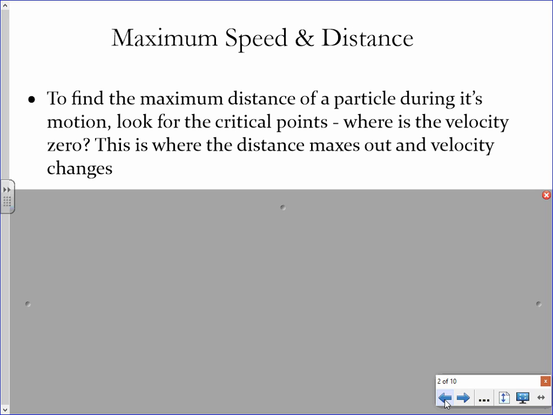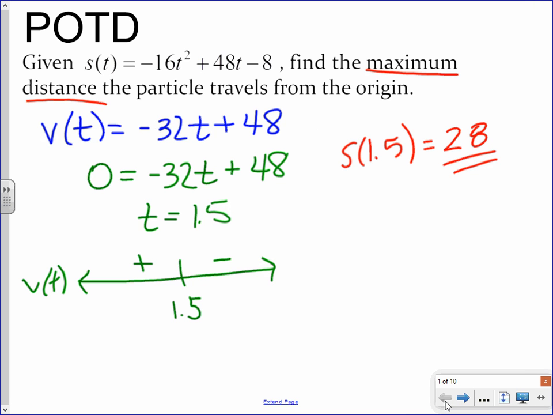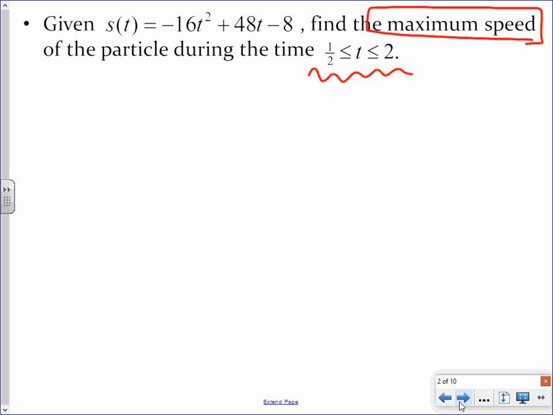Okay, so first of all, maximum distance, you consider the position function. Even though it said distance, you considered the position, and then you found its derivative. So if I'm asking for maximum speed, what equation do we need to think of to find its critical points?